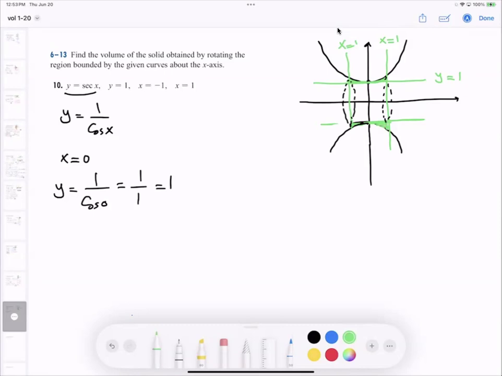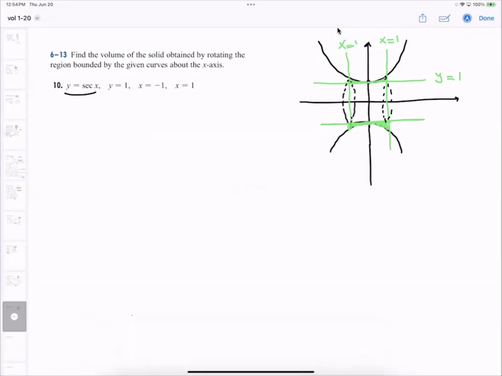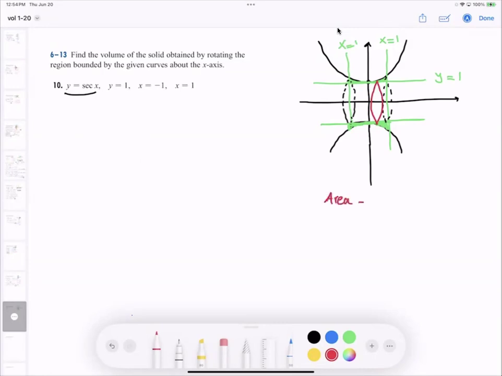So let us set up the integral. Let me erase the unnecessary part. To set up the integral, we look at the cross section, right? The cross section is this guy here. This is just a random cross section for you guys. You want to find the area of the cross section, which is in circular form, right?